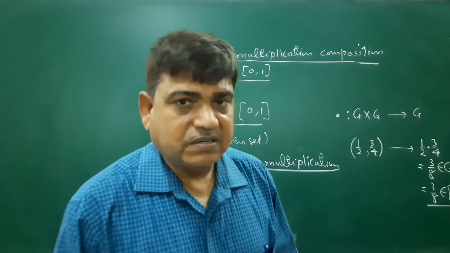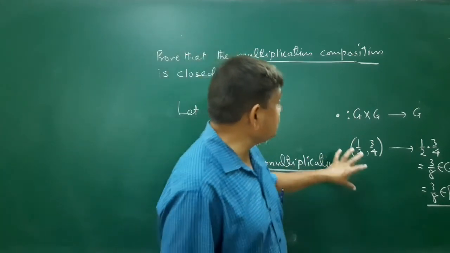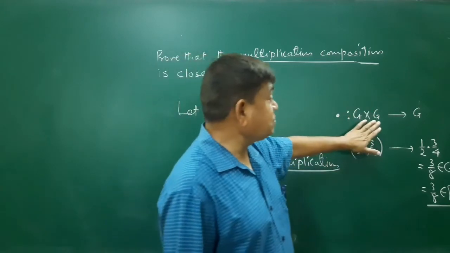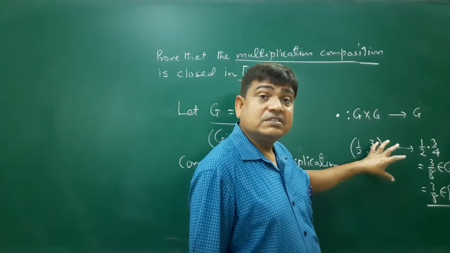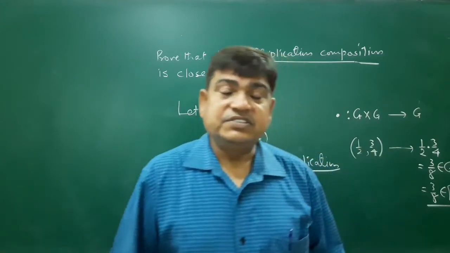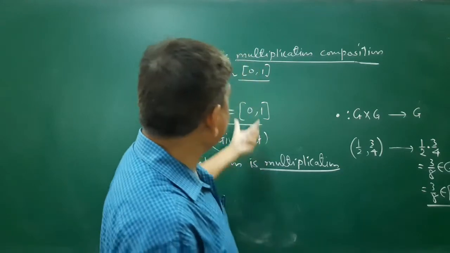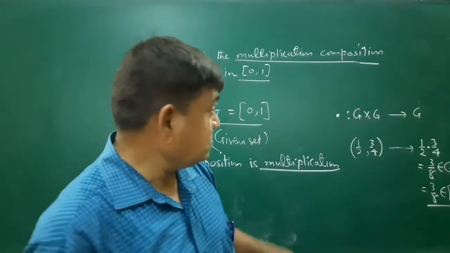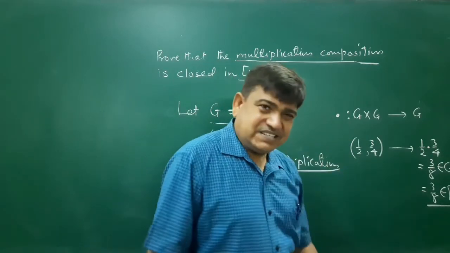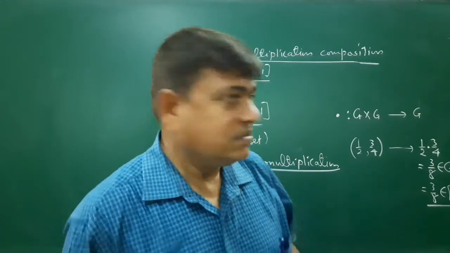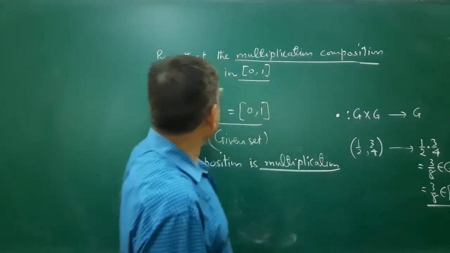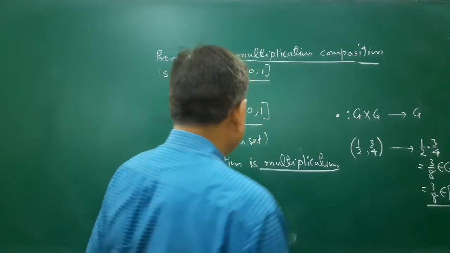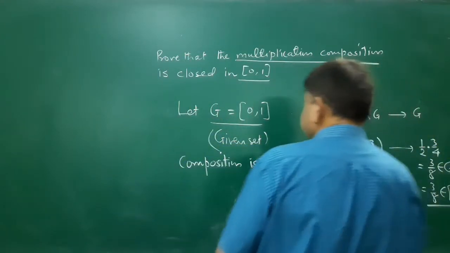This is a particular example, but it must be true for all members which are in J cross J. And there are infinitely many elements, so this is not a proper method to show that this composition is closed. So how to proceed?